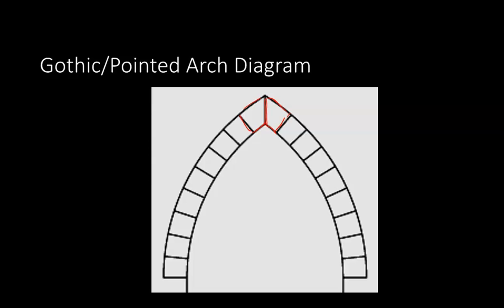I think another reason for this is that having two stones allows you to get that pointed shape without making a single stone that was shaped like this. We might be able to do that fairly reasonably with concrete. But if you're trying to find a stone, shaping a single stone like that might make it weaker. So maybe it's just better to have two stones like that.